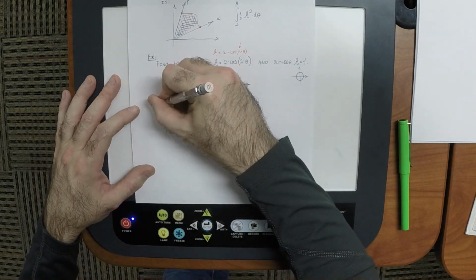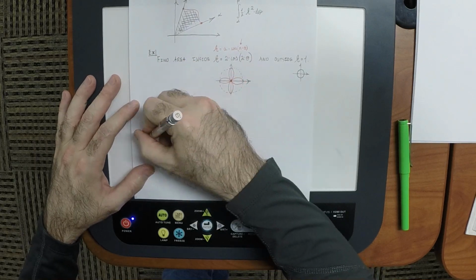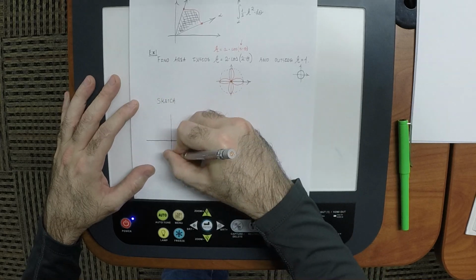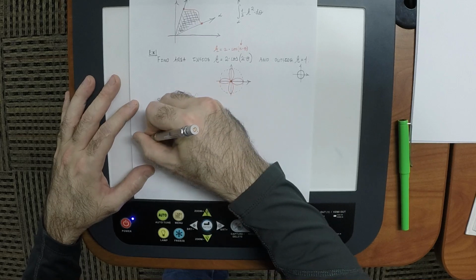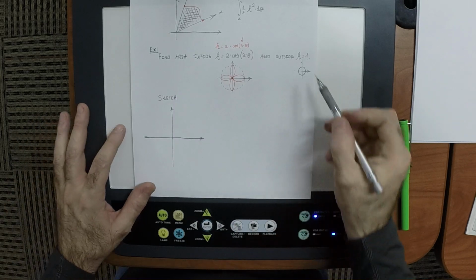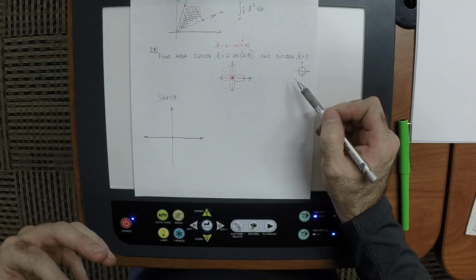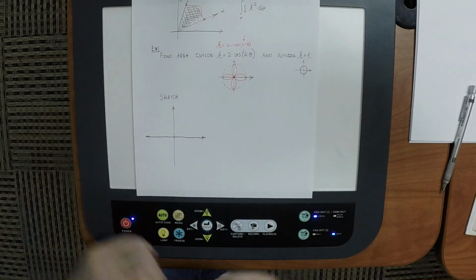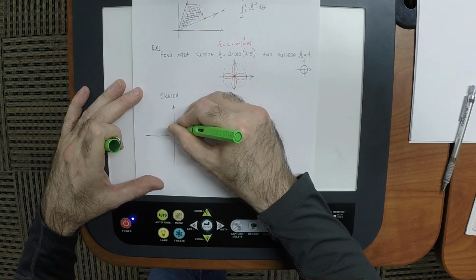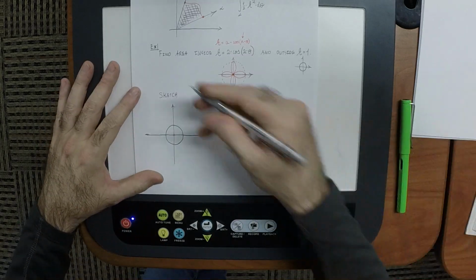So a sketch of what we must be talking about is that, well, there's 2 circles involved. On the one hand, there's the circle of radius 1, which is just that, right? And then on the other hand, there's the circle of radius 2, which the rose has to fit inside of. So here's the circle of radius 1. And then here's a circle of radius 2.